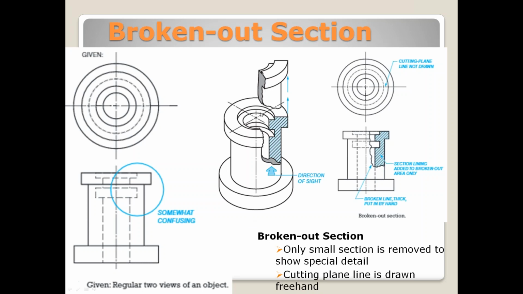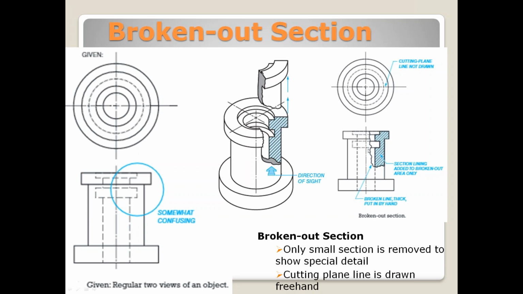Just block it in a small section, and you can see from this isometric view that this is the broken out section. Take this portion out, and you're going to see this section here. Now you can transfer that onto your front view, and this section line is added to the broken out area only.